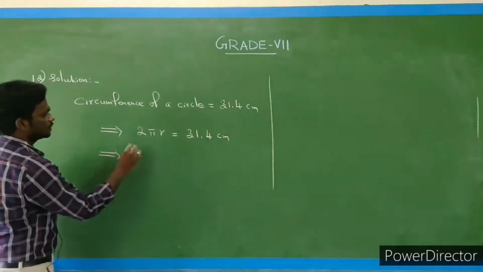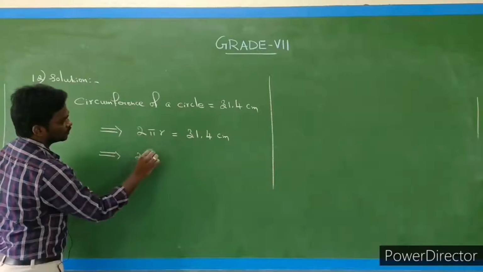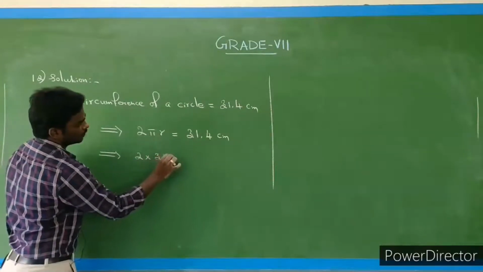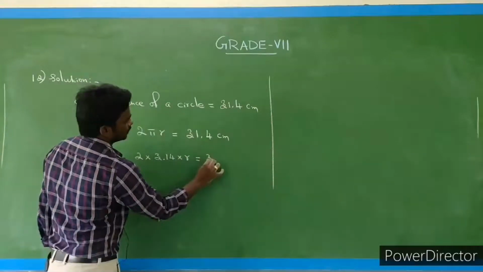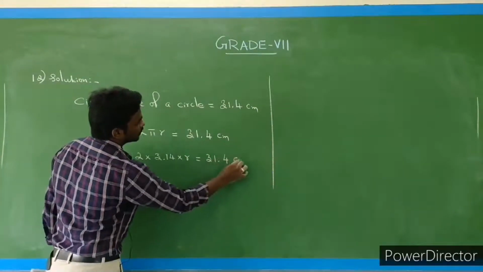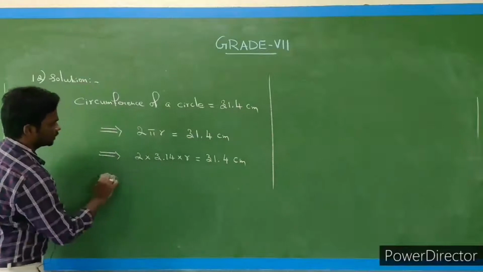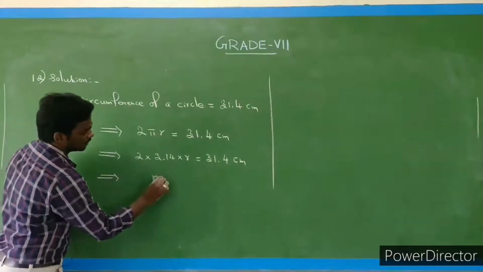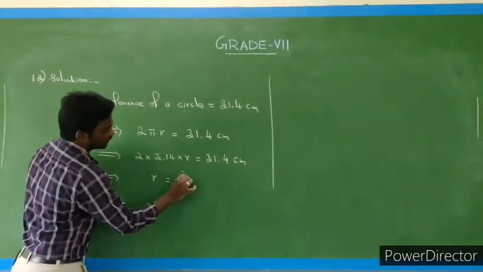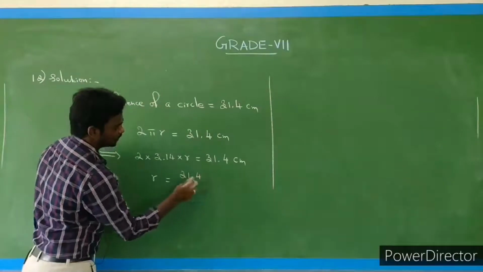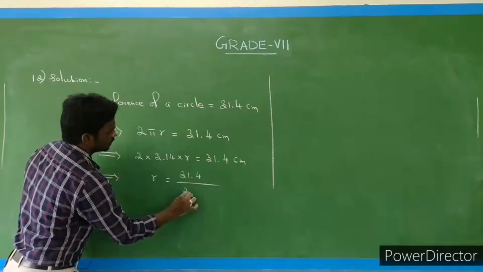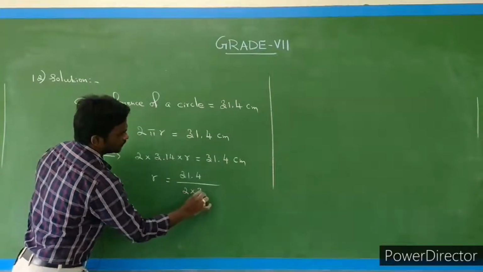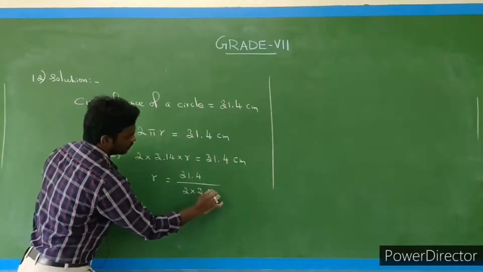Implies that, so the value of 2 pi r is 2 into 3.14 into r is equal to what is that? 31.4 centimeter, which implies, so radius equal to 31.4 divided by 2 into 3.14, transposing to right side became a division.